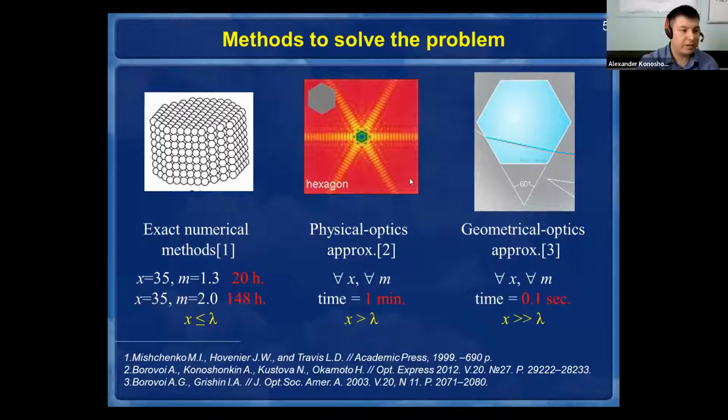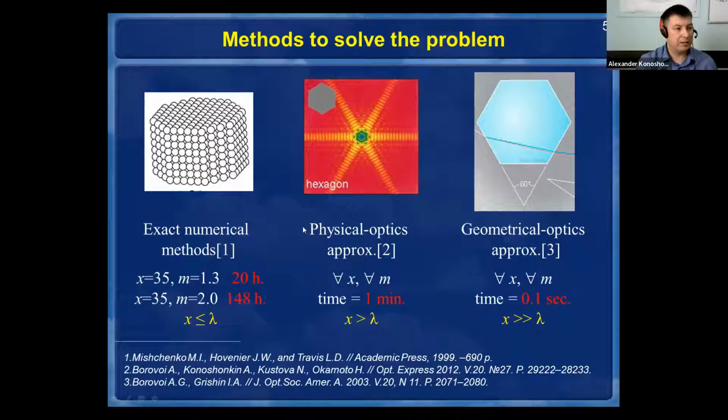So we cannot apply geometrical optics approximation for cirrus clouds, especially for hexagonal ice crystals, where geometrical optics produces a huge singularity.